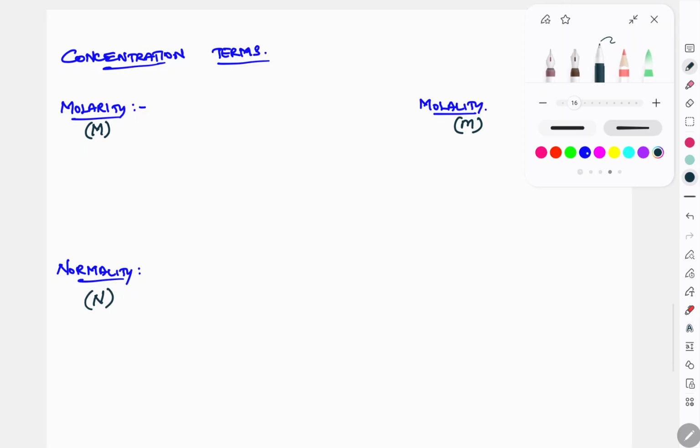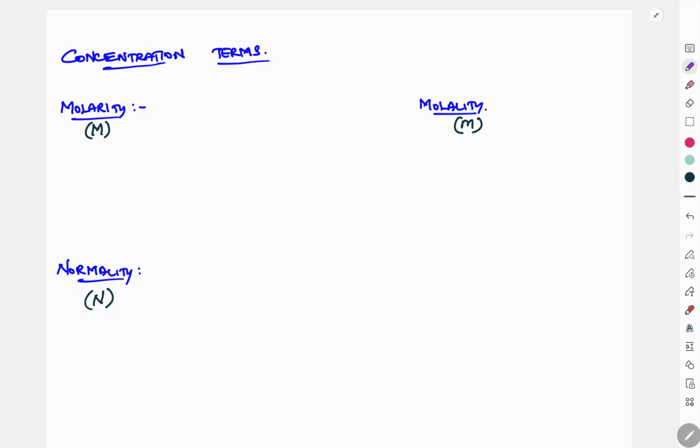Sir, I have a lot of confusion regarding these three. What is molarity? It is nothing but the number of moles of solute in 1 liter of solution. I'll simply say this as moles per liter of solution.